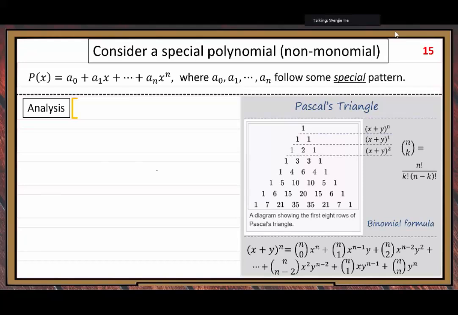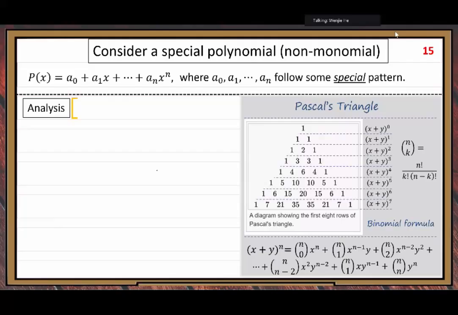The next row corresponds to the coefficients of (x plus y) squared: 1, 2, 1, and so on. The next row corresponds to (x plus y) to the third, and so on.